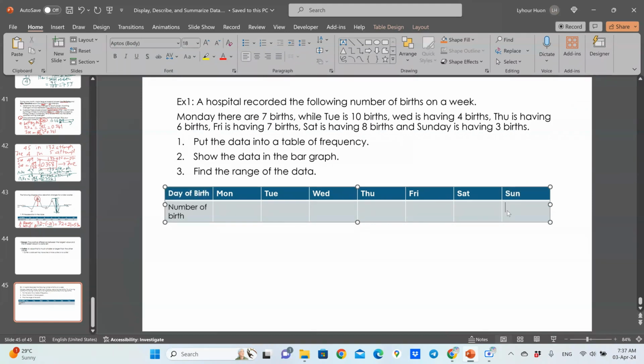So this is Sunday. Number of births on Monday is 7, so we put 7 here. Tuesday is 10. Wednesday is 4, Thursday is 6, Friday is 7, Saturday 8, and then 3 the last one.